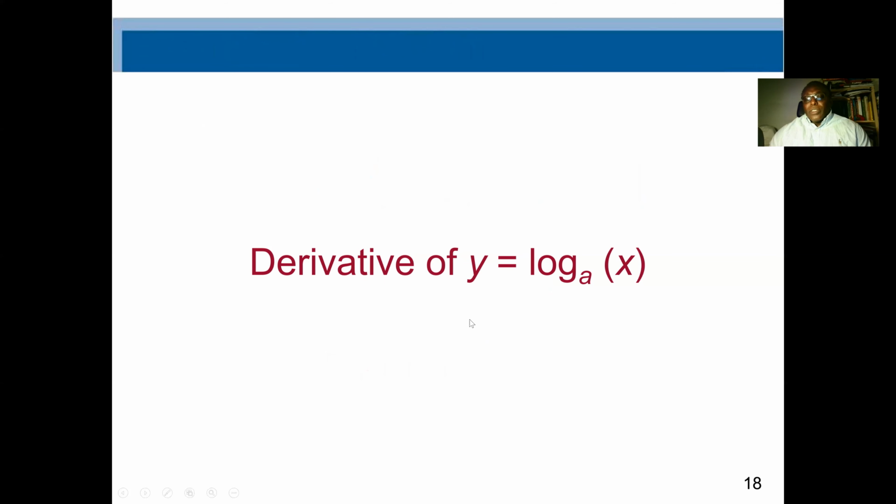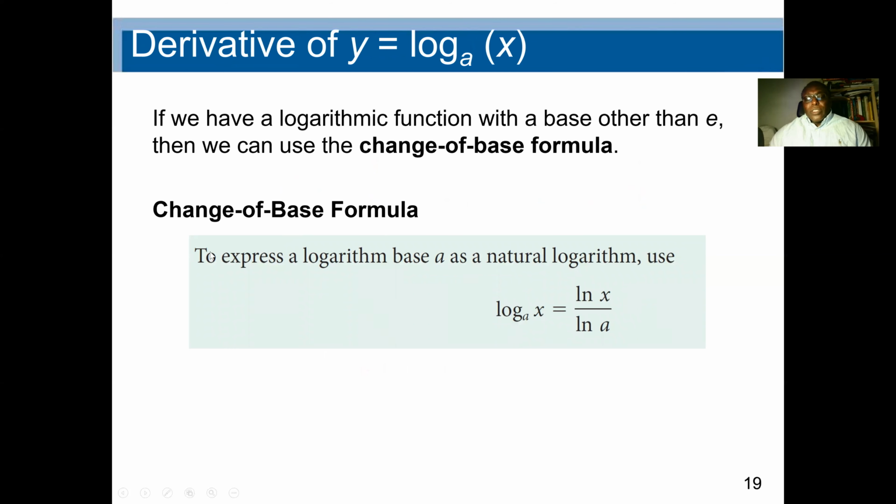So next we have the derivative of y equal to log base a of x. And we know this is one of the properties of a log function, the change of base formula. So for example, if I have log base a of x, it is the same as writing it in any other base. So I'm using natural log. I can say natural log x divided by natural log a.